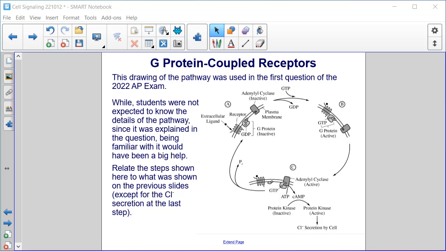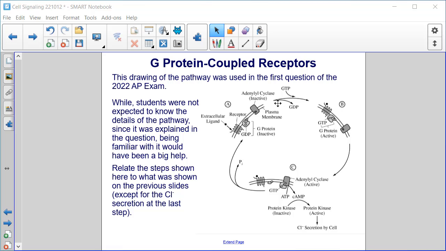So we start here with an inactive G protein and a GPCR receptor that does not have a ligand at the binding site, and an inactive adenylyl cyclase. The ligand binds to the receptor, and what happens?